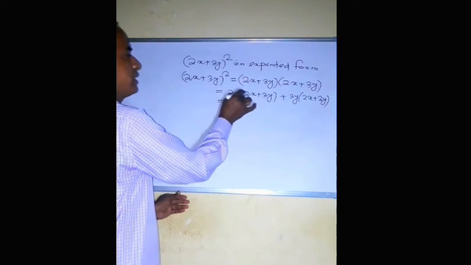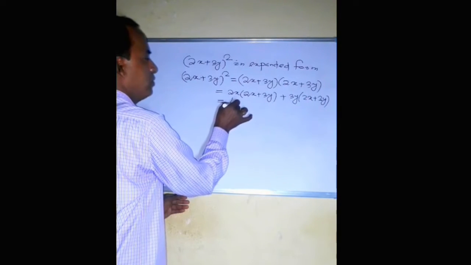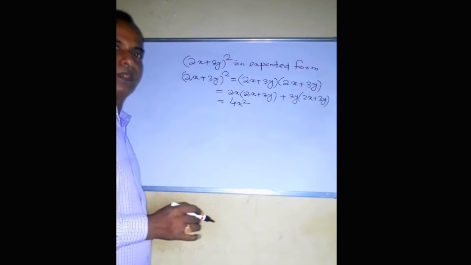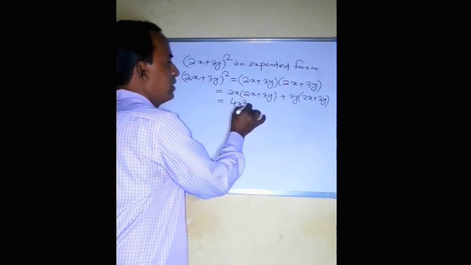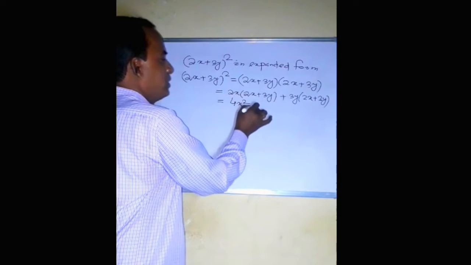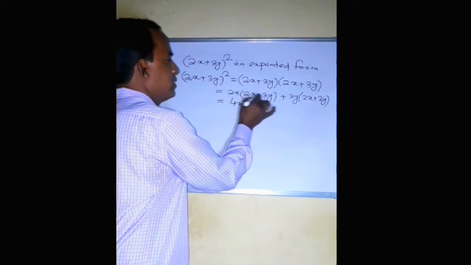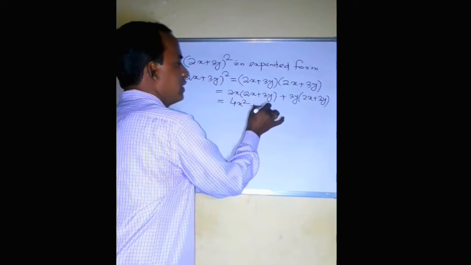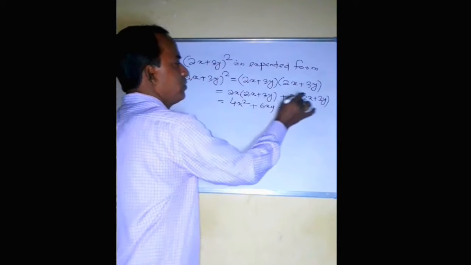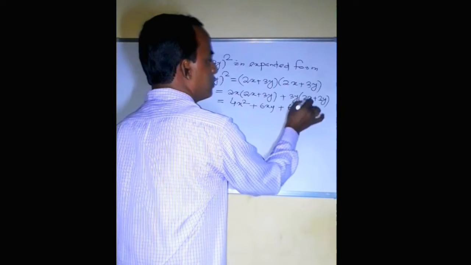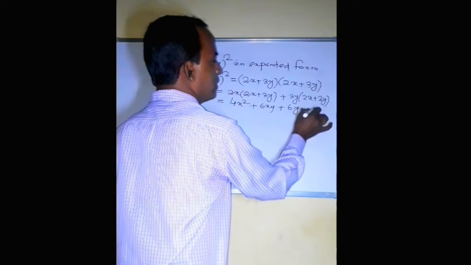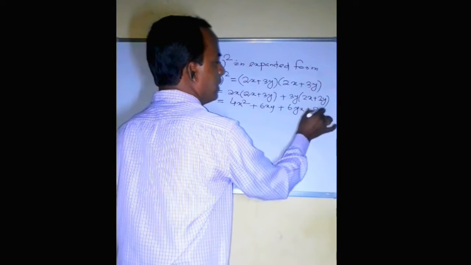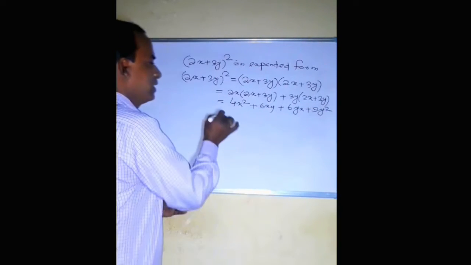Then multiplying 2x into 2x, that's equal to 4x square, that means 2 into 2 is 4, x into x is x square, then 2 into 3 is 6, then x into y is xy, plus 3 into 2 is 6, plus y into x is yx, plus 3 into 3 is 9, then y into y is y square.